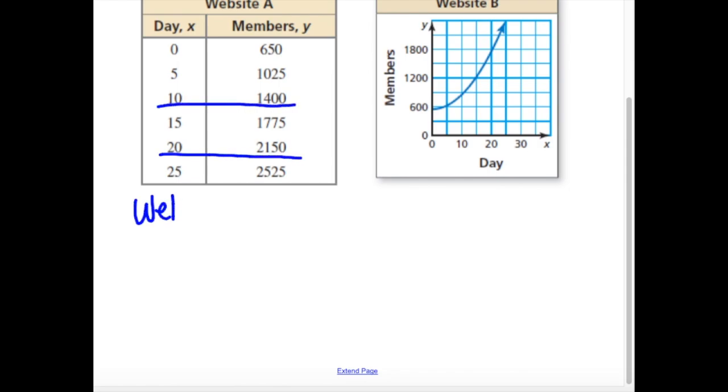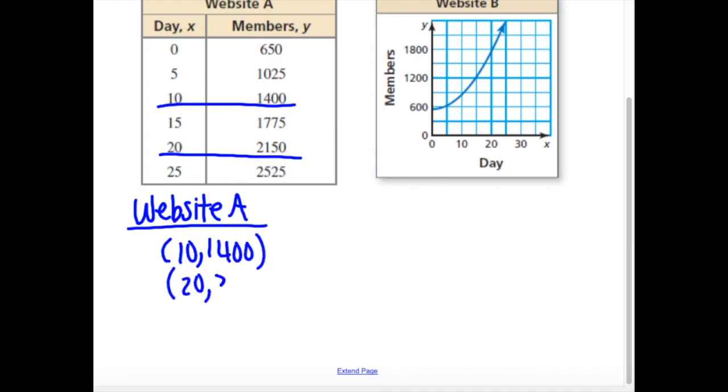I'm going to take website A, and I have the two points from day 10 and day 20. I underlined the two coordinate pairs, which are (10, 1400) and (20, 2150). All we do is change in y over change in x.